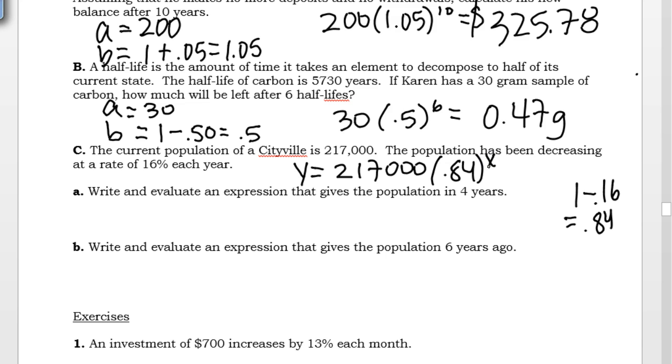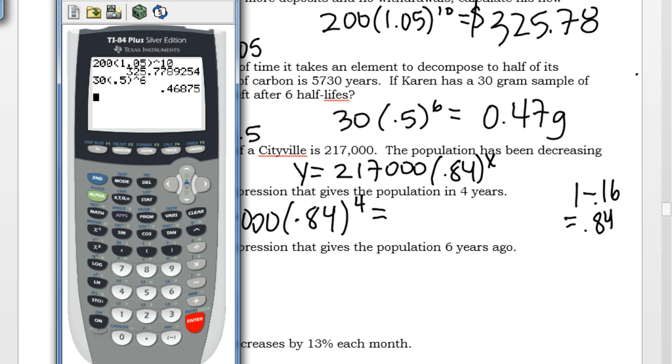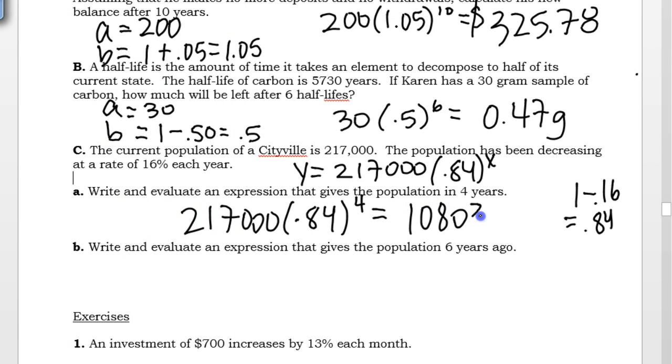What's the population after 4 years? So we got my 217K, we got my 0.84, and we have 4 years. And that means after 4 years, I only have 108,000 instead of my 217,000. That's almost half.